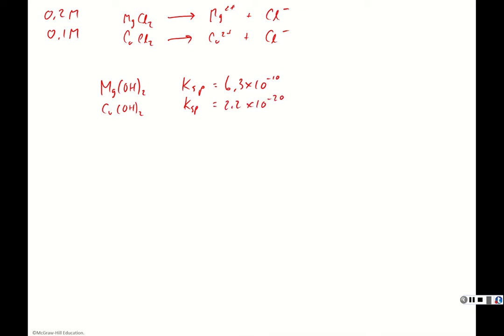And we know that their solubilities in the hydroxide form anyways are going to follow the same pattern, right? We're going to have Mg(OH)2 solid in equilibrium with Mg2 plus and 2 OH minus. Right, so these are solids, and on this side we have aqueous. And copper is just going to follow that same pattern.